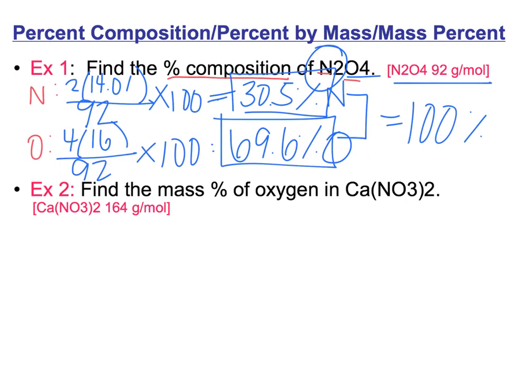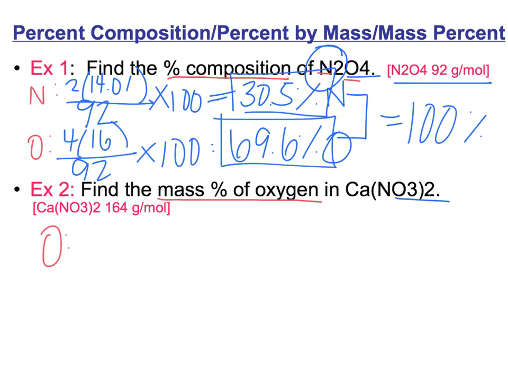Now if we look at example 2, it says find the mass percent of oxygen. That means I'm going to go about it the same way, except all I need to find now is oxygen. When we look to find the mass percent of oxygen, like I said before, we go about it the same way. So what I need to do is look in calcium nitrate how many oxygens I have.